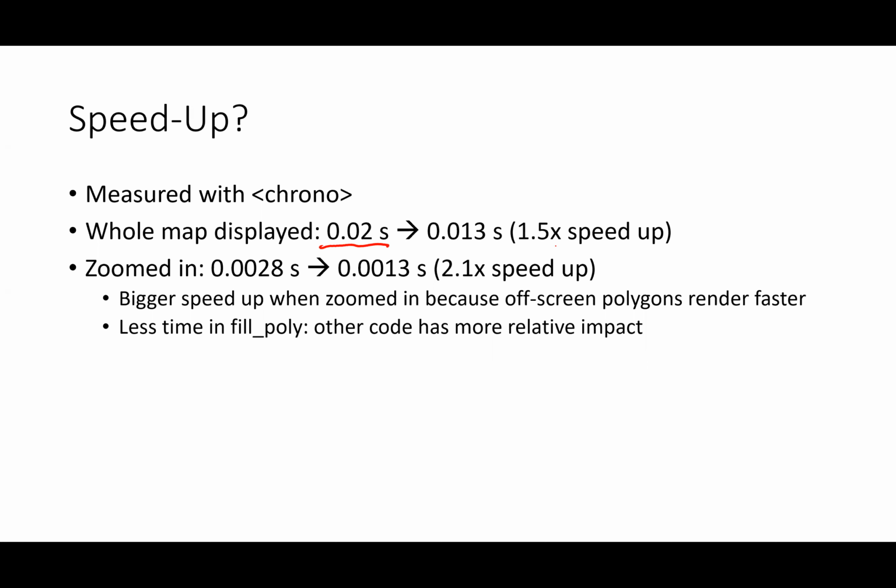And it sped up by a factor of 1.5 when I did this pre-computation. So it was worthwhile. When I'm zoomed in, it actually sped up by more, 2.1x. The reason I get a bigger speed up when I'm zoomed in is that fill rect is getting faster, so the overhead of going through and doing these computations is a bigger percentage of my work. So speeding it up has more impact.